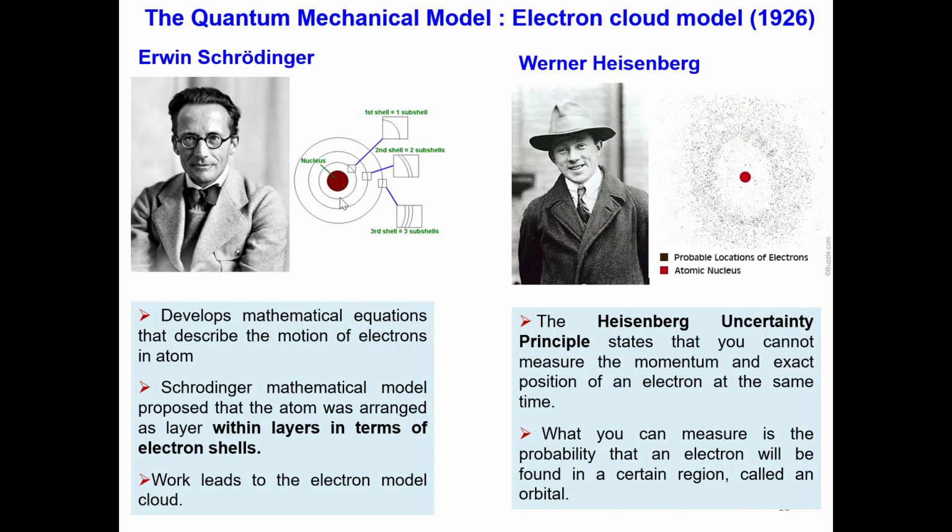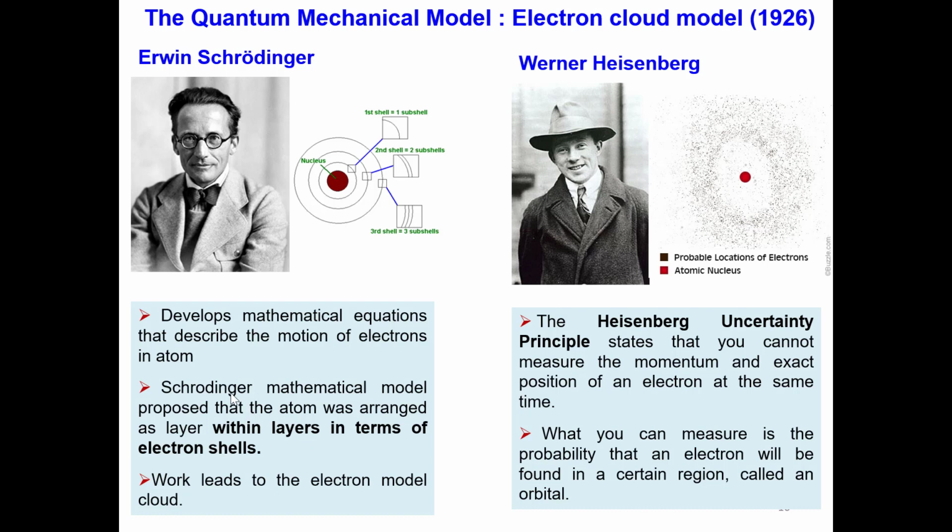He proposed that the first orbit has one subshell, the second orbit has two subshells of energy, and the third orbit has three subshells.